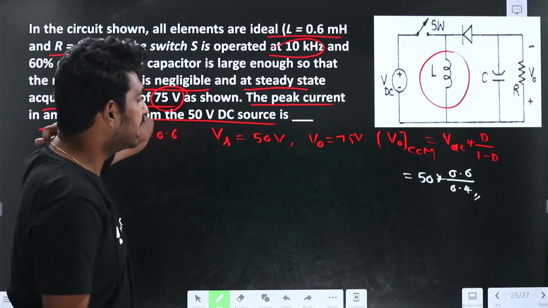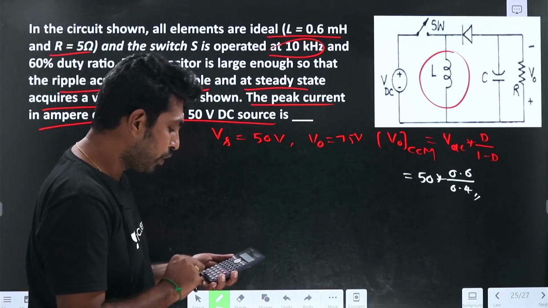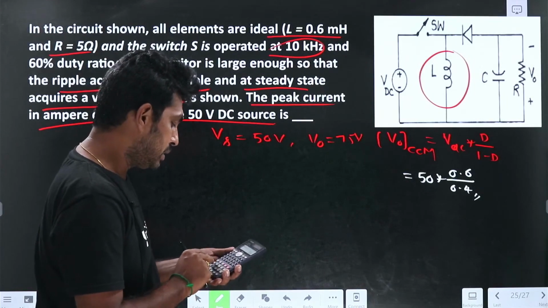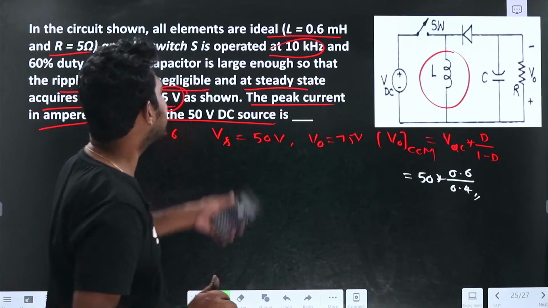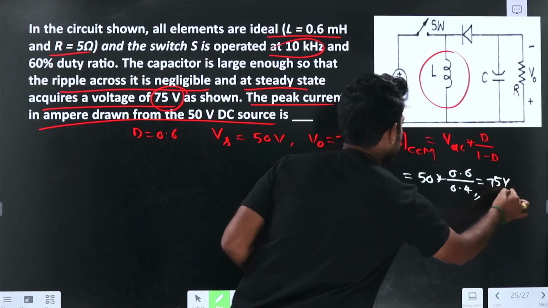Try to find this. 50 times 6 by 4 gives 75 volts, same as the given voltage.